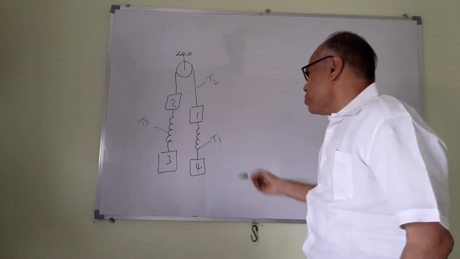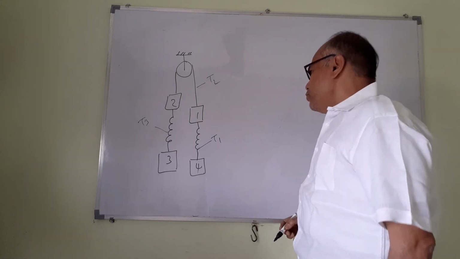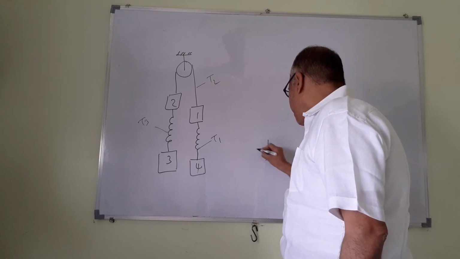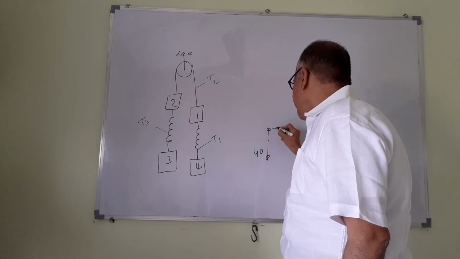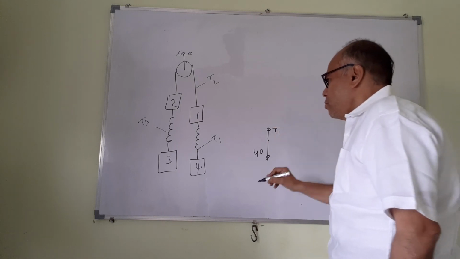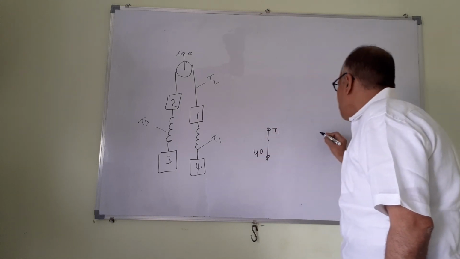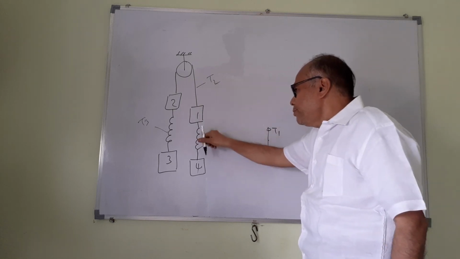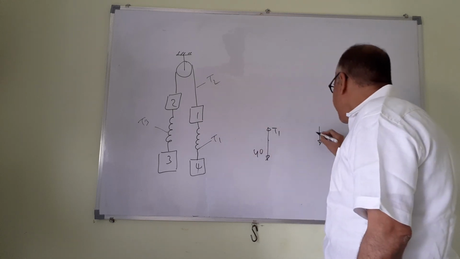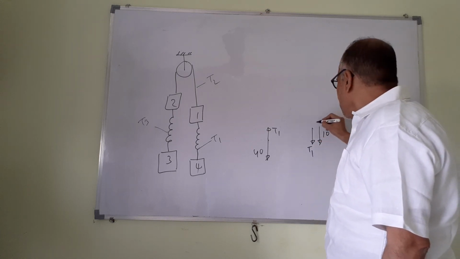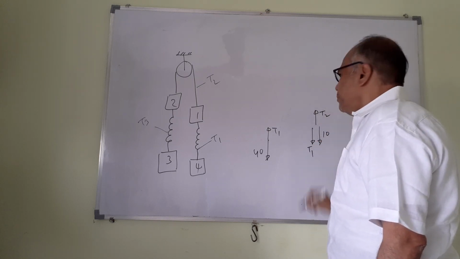Now let's draw the free body diagram for this. For this block you will have 10 newton downward, then T1 downward, and you are going to have T2 upward.